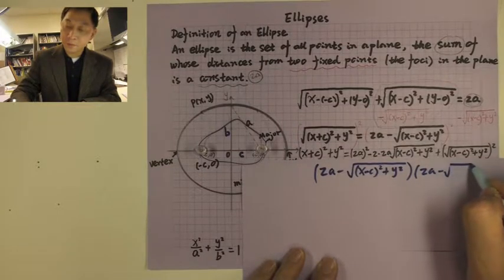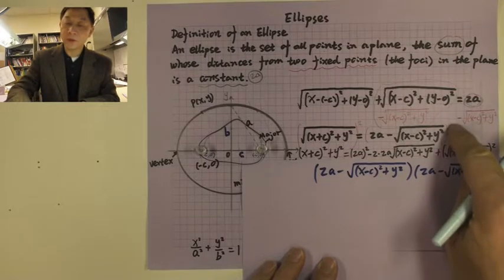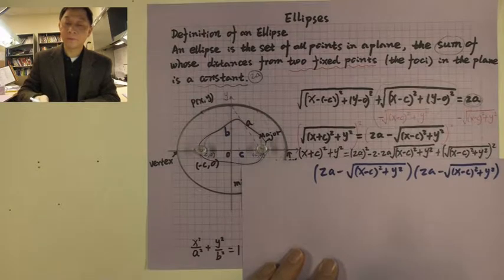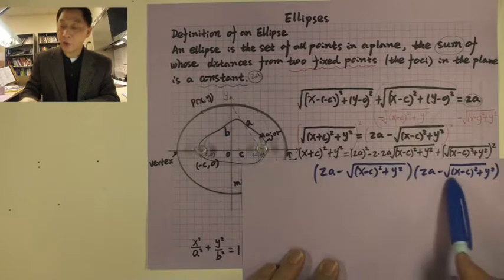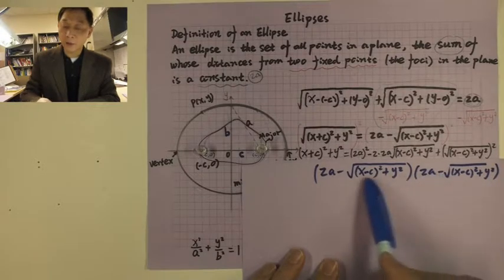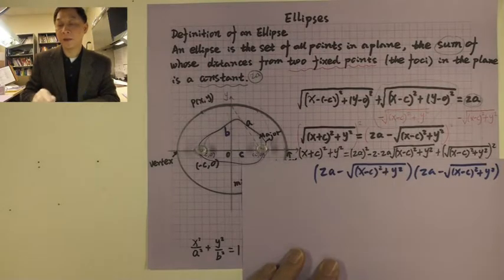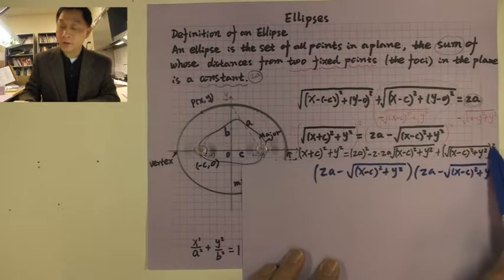If you square that, if you FOIL that, you'll get this one. 2a times 2a is 2a squared. 2a times this quantity, negative. And this quantity, same quantity times 2a. So that's why you have a double 2 down here. And this quantity times this quantity with square root. Eventually this square root sign will disappear, because of the square down here.